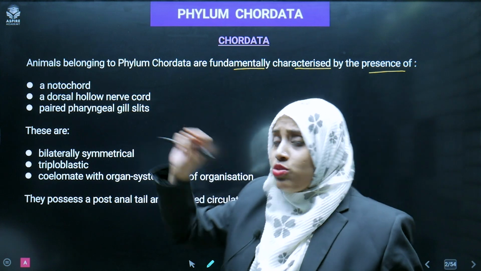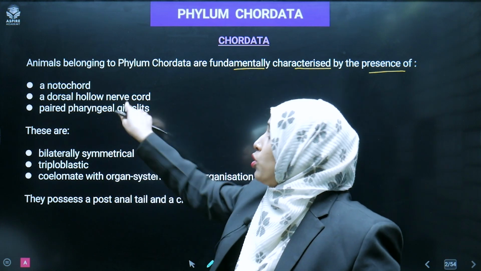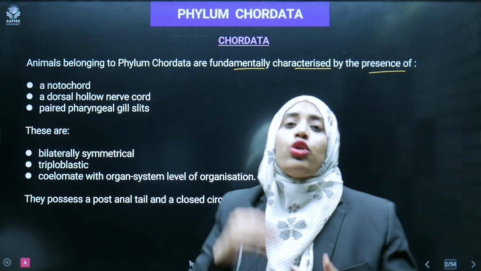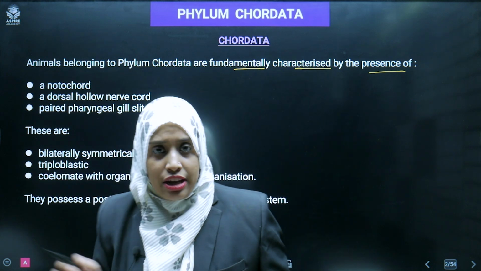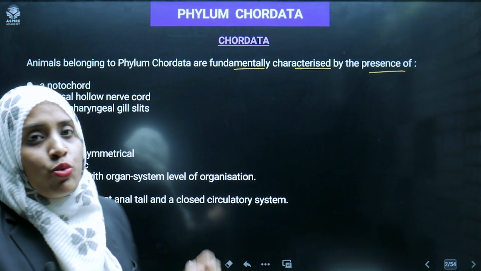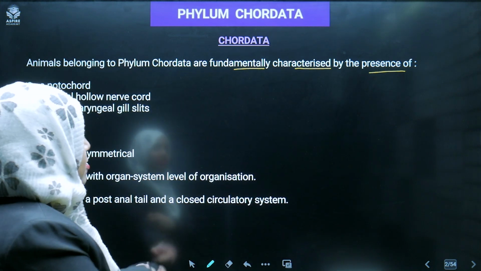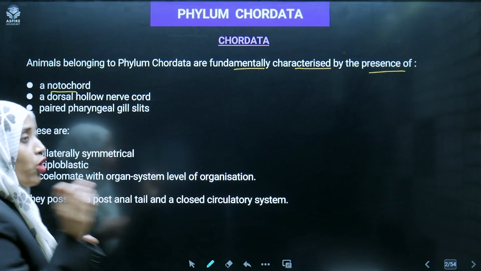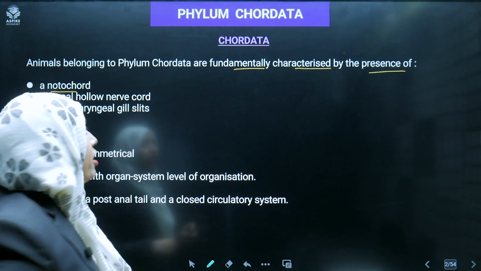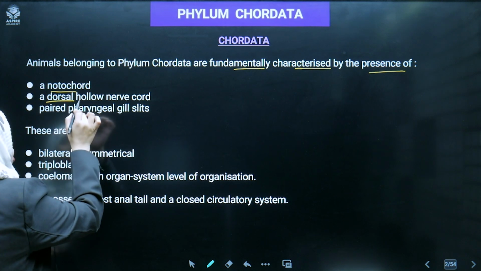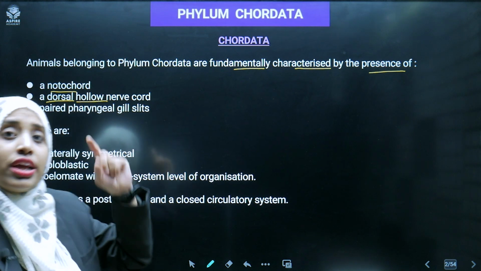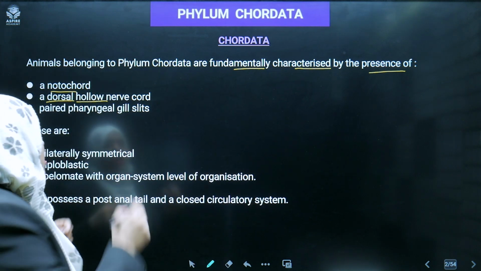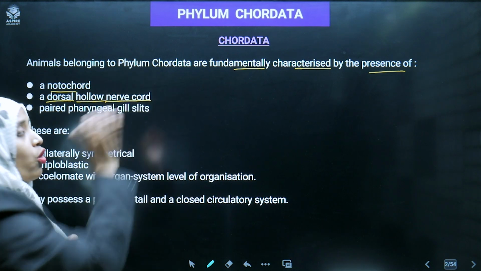And there is another thing, the dorsal hollow nerve cord. These are the most important things on the basis of which we can categorize the organism as a chordate. The most important is the notochord. If the notochord is present, then that is a chordate. Then another thing, dorsal hollow: it will be dorsal, but hollow. That is the nerve cord. The nerve cord will be hollow.